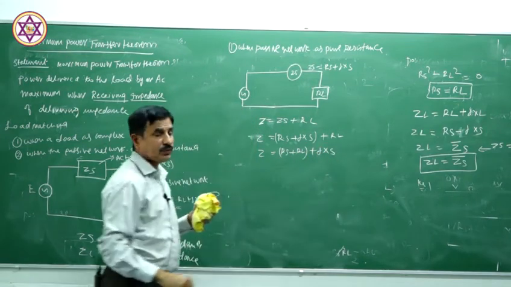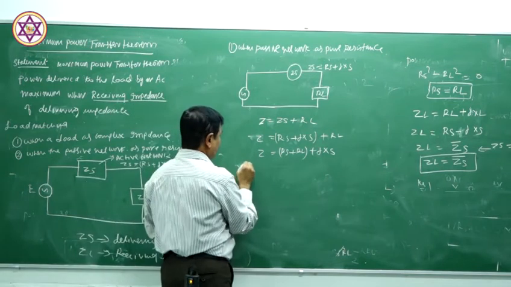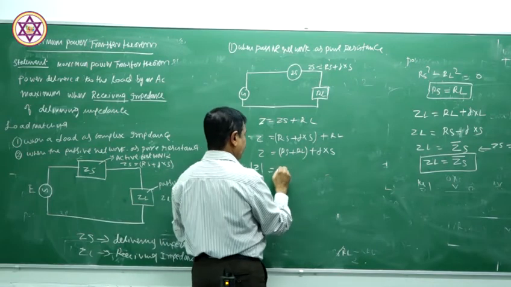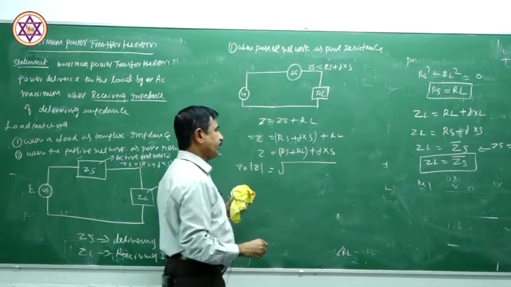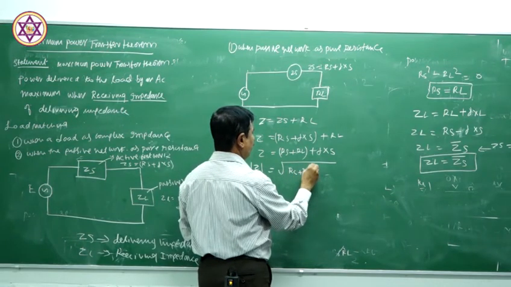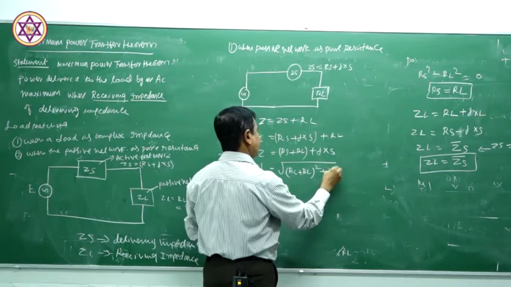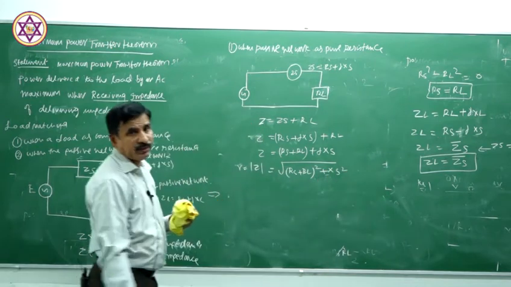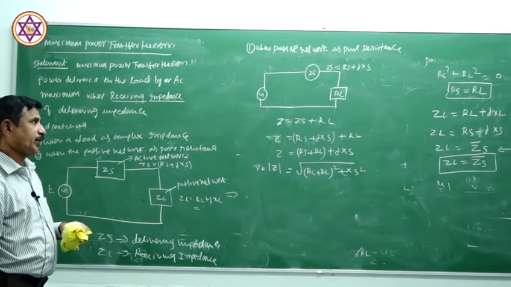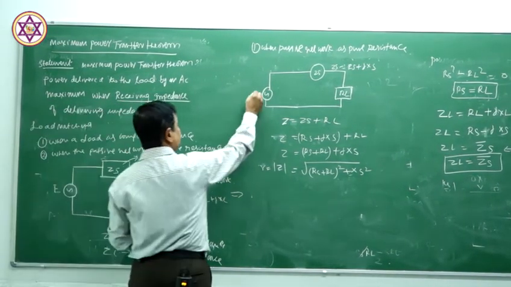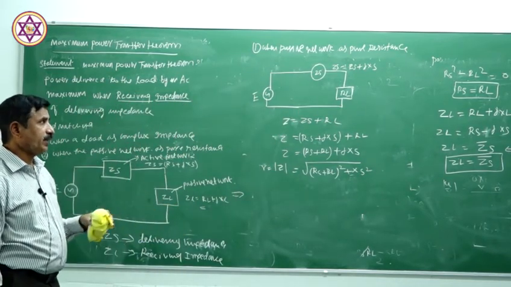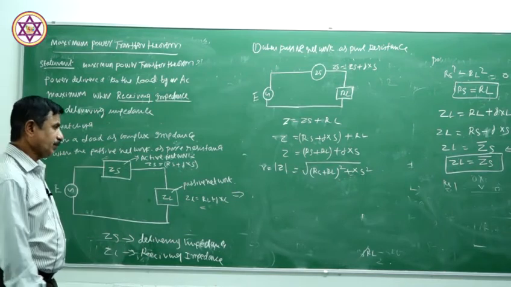Taking the magnitude, mod of Z, we get Z equal to the root of (RS plus RL) the whole square plus XS square, which is the impedance of the circuit. This is E, and that is the impedance of the source, having only a pure resistance.